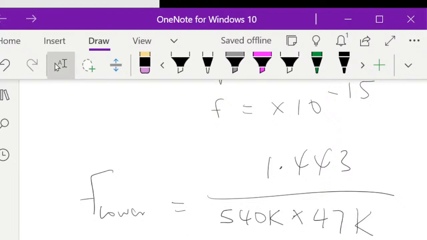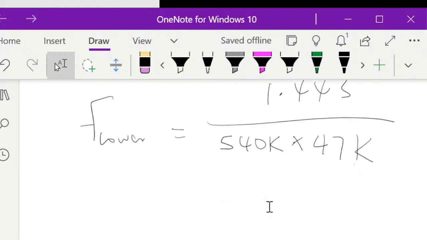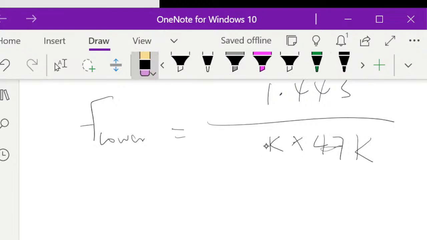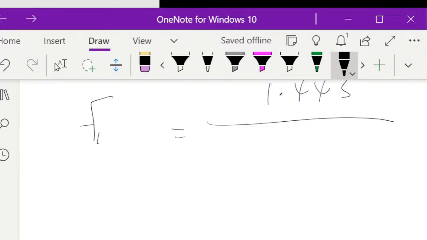So we're gonna plug this into our calculator again. No, sorry, this is RC. We'll just write the formula first. F lower is equal to 1.443 over RC.